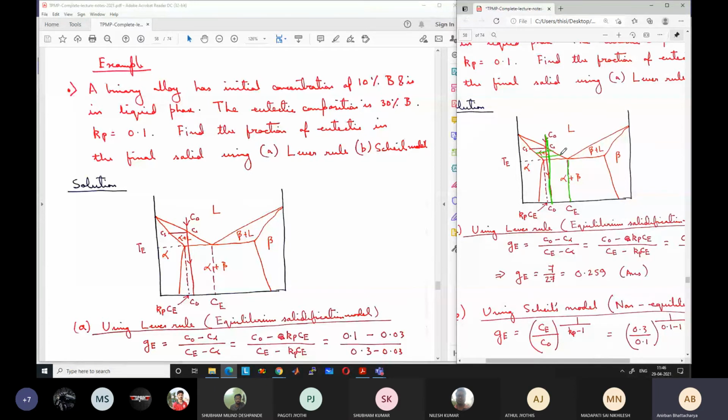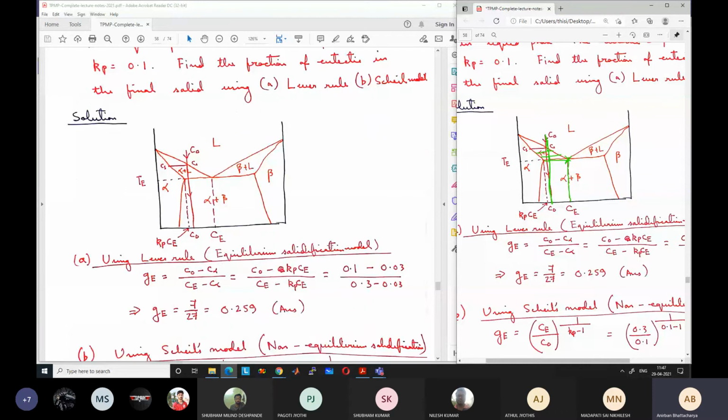So for equilibrium solidification, if it is stated that it is equilibrium solidification, it means Lever rule. We can just use the Lever rule. So the volume fraction of eutectic is equal to the length of the opposite line divided by the length of the total line. So the length of the opposite side line is this length.